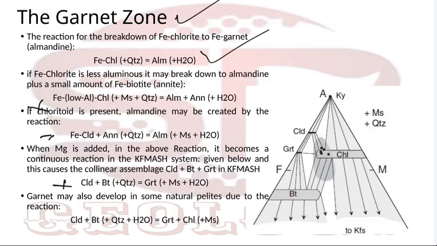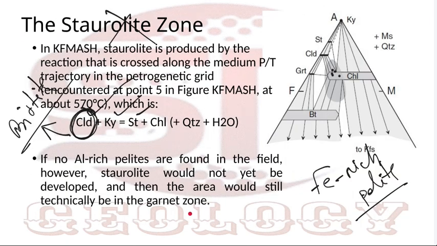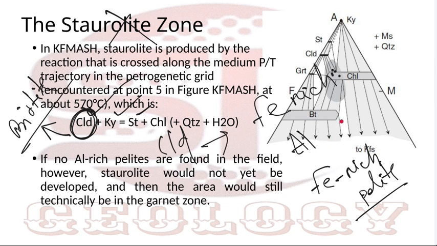So if there is nothing aluminous, not aluminous-rich, then the chloritoid zone will also not appear, because chloritoid requires two things. One is Fe, one is Al. The pelite should be Fe-rich, the pelite should be aluminum-rich.